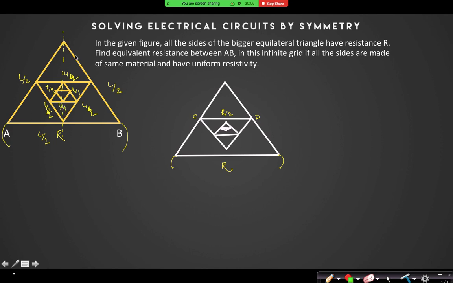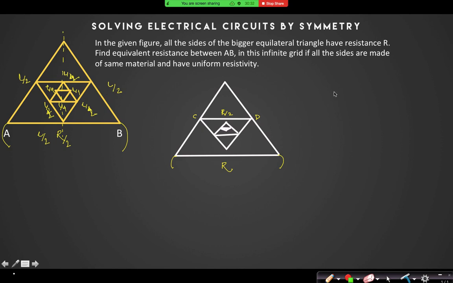So if you divide all the sides by 2, the equivalent resistance will be R by 2, but it will not start from the first triangle, it will be a system that starts from the second triangle. So that is why I am saying that if I assume the equivalent resistance between this is R, then the equivalent resistance between this CD will be R by 2 because these are similar systems.